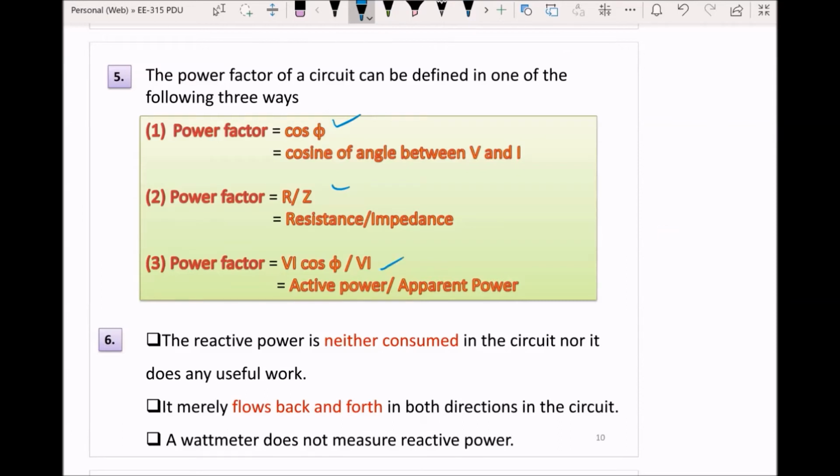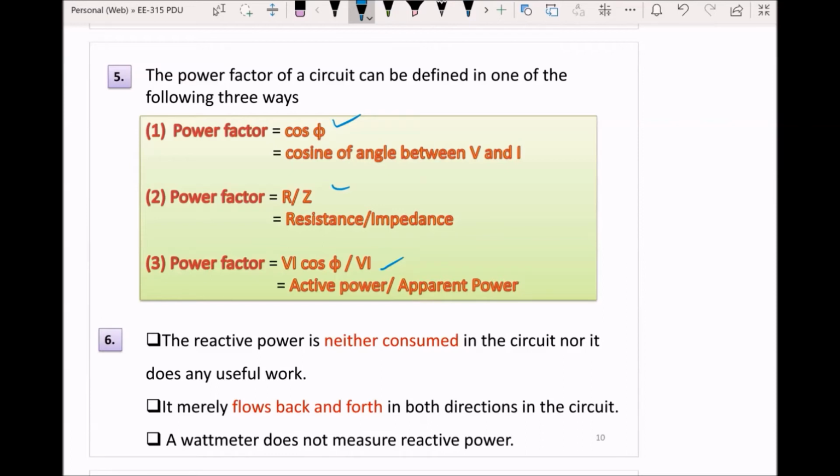So after the representation of power factor, in this last point, it can be concluded from the power triangle that the reactive power usually does not perform the actual work. It usually flows back and forth in the circuit to create and compensate for the phase difference between the voltage and current.